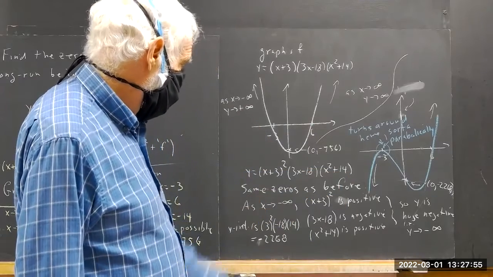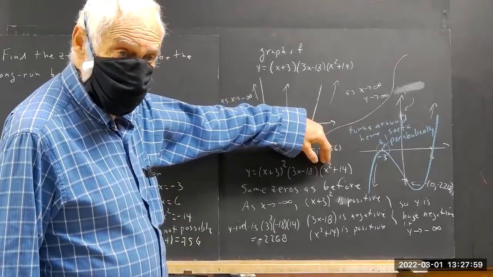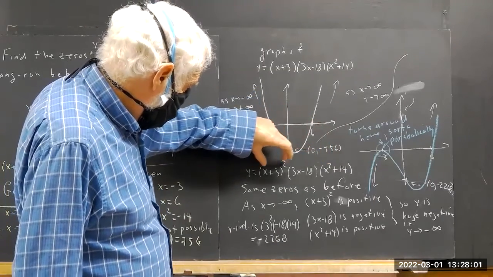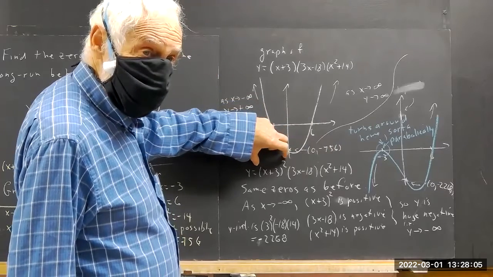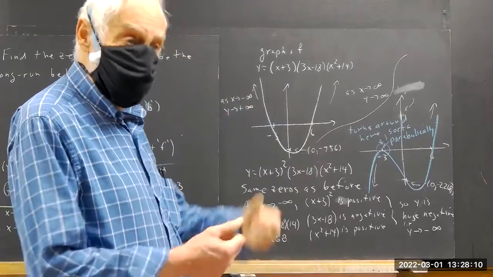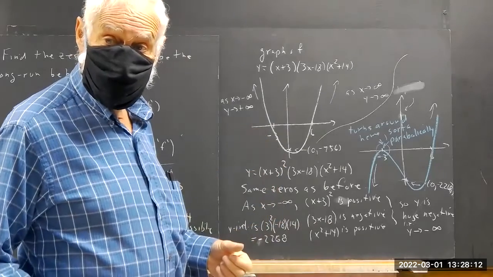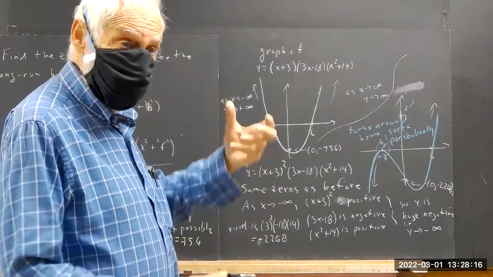Multiply that out, you get 600 and something. So these numbers stay pretty close to 600 and something. Well, that's just a multiple of this. When you multiply x plus 3 squared by a number, that stretches the graph by that multiple. Okay? It stretches that graph by 600 and something.